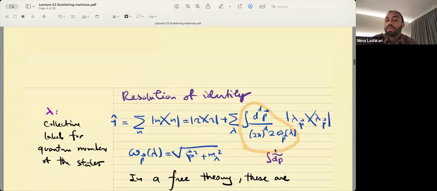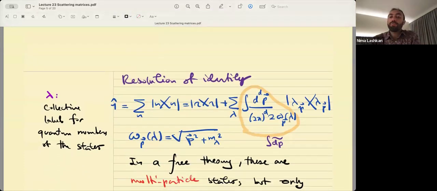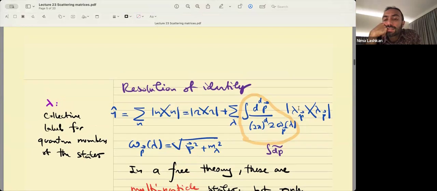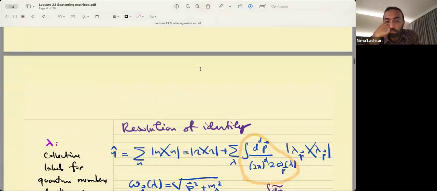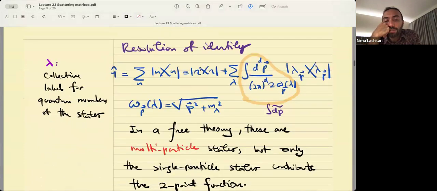If you perform the p naught integral, you end up with this form, right? And omega p is, of course, the square root of p squared plus m lambda squared. But as is, these lambda p's need not be single particle states. These are just some zero momentum eigenstates of the Hamiltonian. They include multi-particle states as well, that have total energy m lambda. Good? Is that clear?